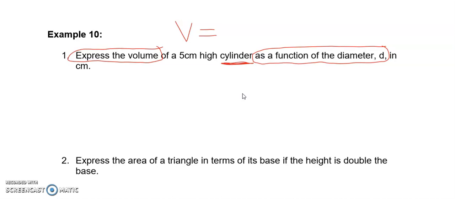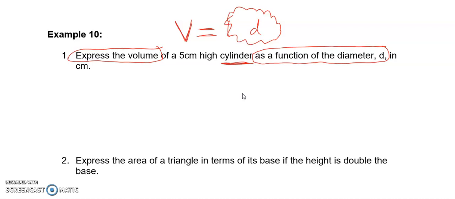All right, so that means that your final answer, yes, it's going to be V equals, but then on the right-hand side of your equation, whatever is over there, you're going to have numbers and mathematical symbols and all those types of things. But the only variable that should be there is D. That's what it means to write it as a function of the diameter D.